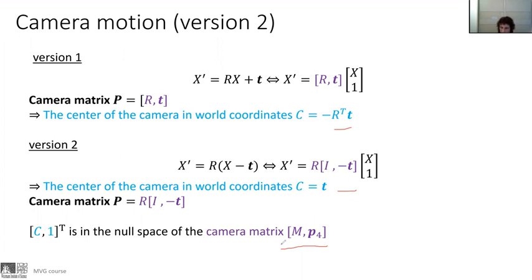If I denote the camera matrix in this general form, that's the result. In any case, you can move between version 1 and version 2 and vice versa. Sometimes you have papers that use version 1 and sometimes papers that use version 2.